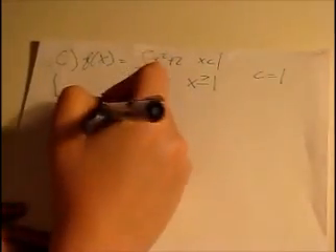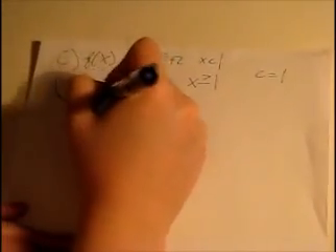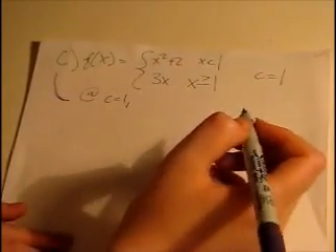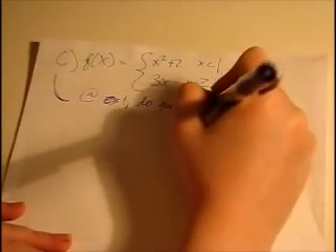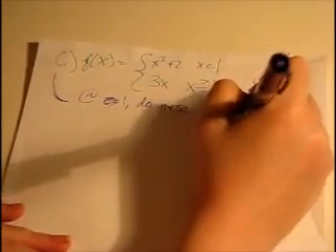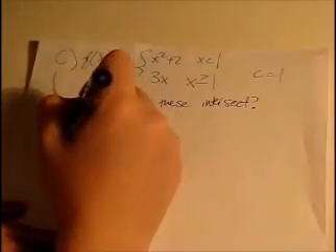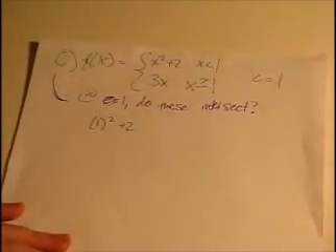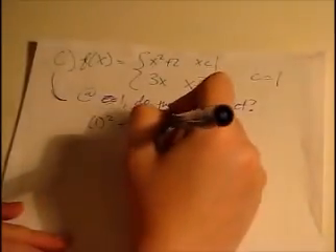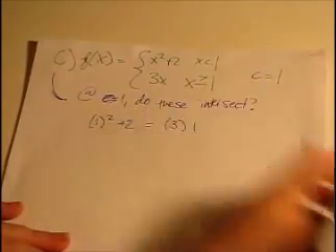So at c equals 1, you don't even have to plug in that. At 1, do these intersect? Well, we have 1 squared plus 2 equals 3 times 1, right?